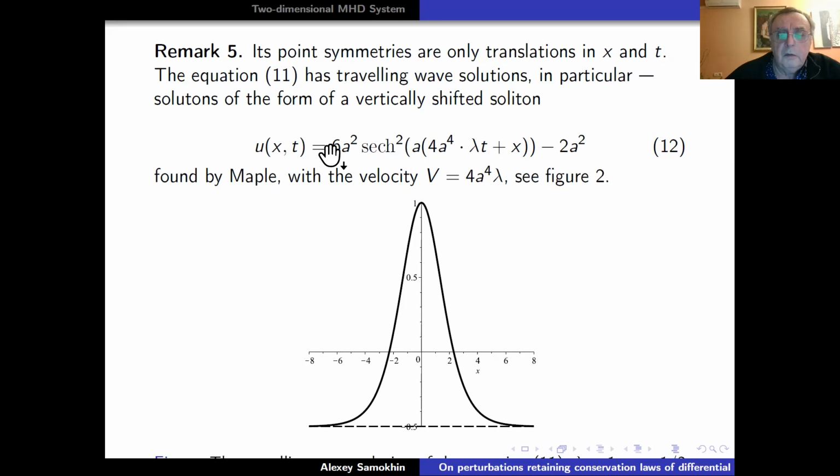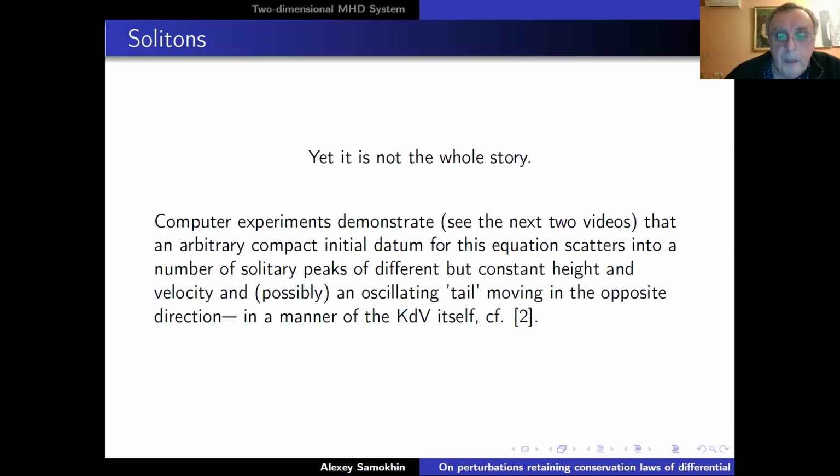Besides the KdV soliton, it is also shifted by 2a square. The original soliton is not shifted, and this one is not just the classical soliton.